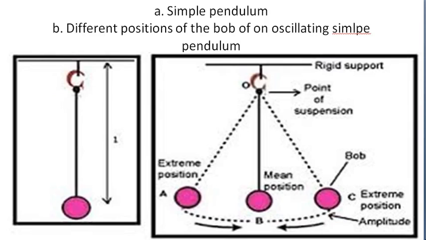The time taken by a pendulum to complete one oscillation is called time period. And the time taken to complete this is called its time period.